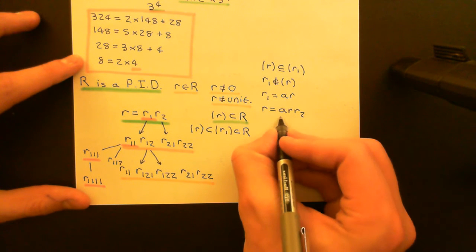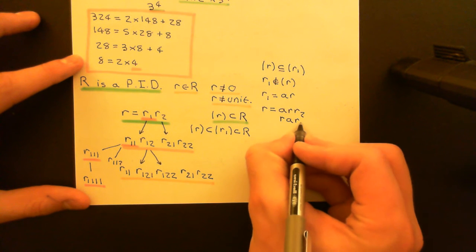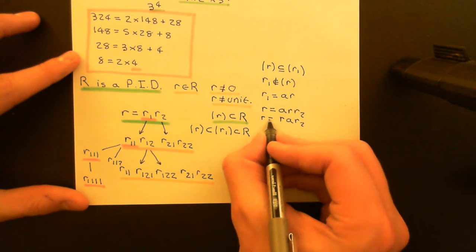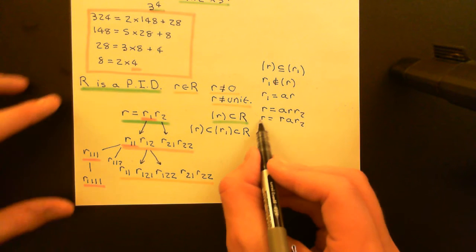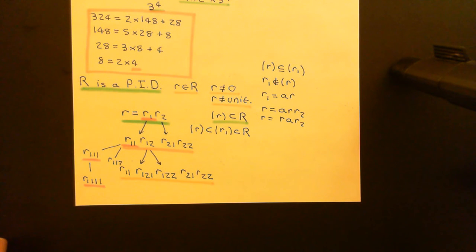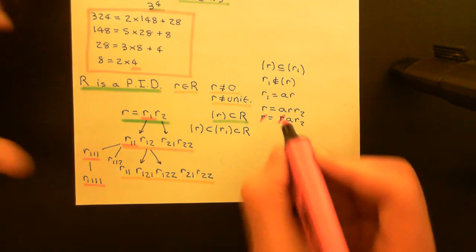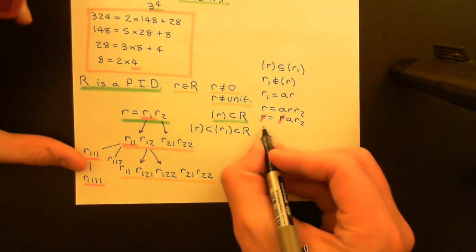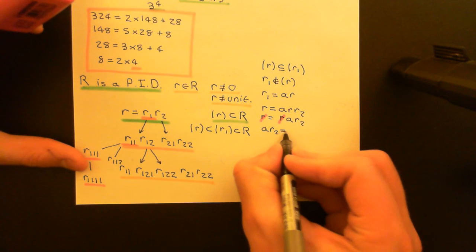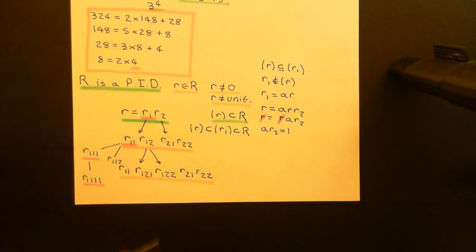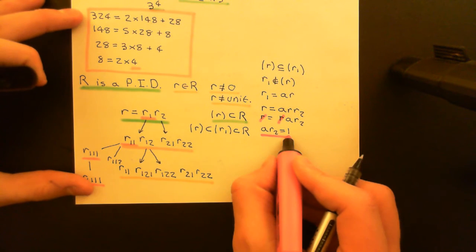Then of course you can just rearrange this because we're working in a commutative ring, so it'll be R times A times R2. And then because the principal ideal domain is an integral domain, we can cancel off the R here, because of course we know that it's not equal to 0. That's one of our initial assumptions. So we can cancel it off there, and then we'll get that A times R2 is equal to 1, and therefore R2 is a unit because A is going to be its multiplicative inverse. So there's our contradiction.